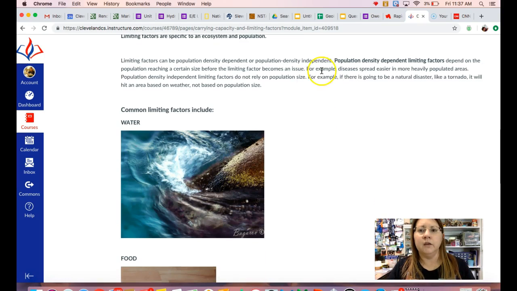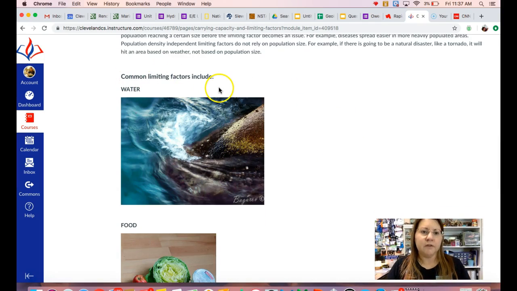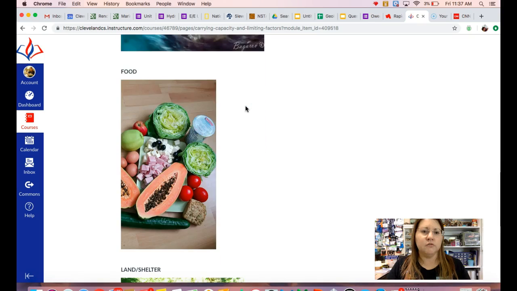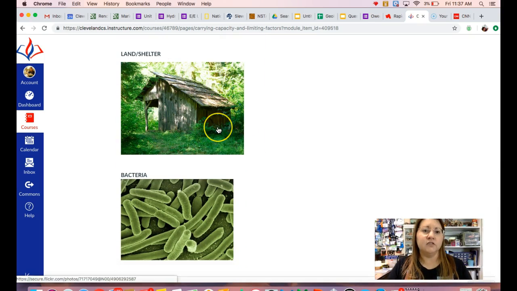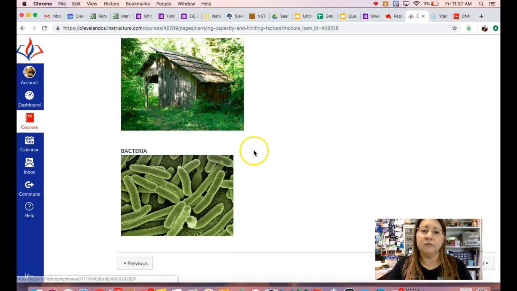You can review that here, or you can take a look at your notes from class. Common limiting factors are going to be water, food, basically access to natural resources, having access to shelter or land, living space. Bacteria is another example, potentially causing disease.